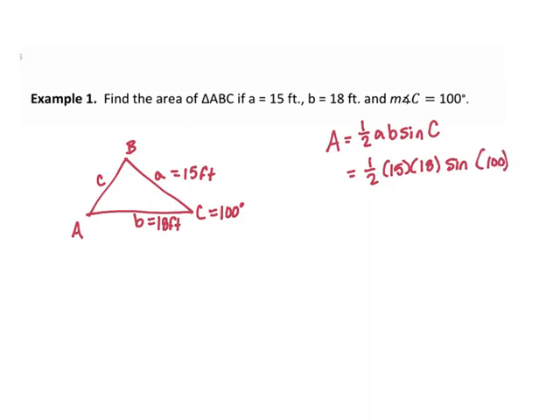Make sure your calculator's on degree mode and go ahead and type it in. All right, I got approximately 132.949. I'm just going to say 0.9. Our units is feet. Area is always squared. This would be my answer.